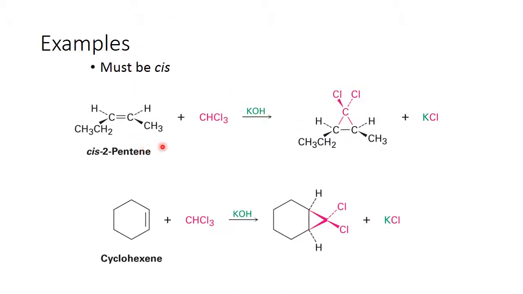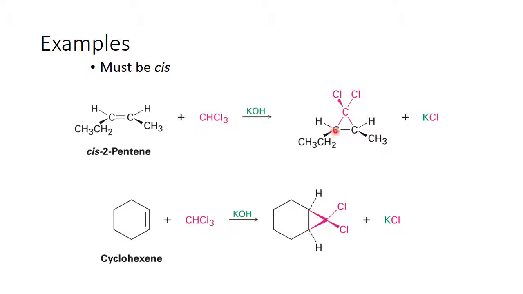This highly reactive species then can react with an alkene to form a cyclopropane. So here are the conditions again: chloroform and a strong base, potassium hydroxide. The strong base pulls a hydrogen and a chloride off of chloroform, giving the carbene, the dichlorocarbene.